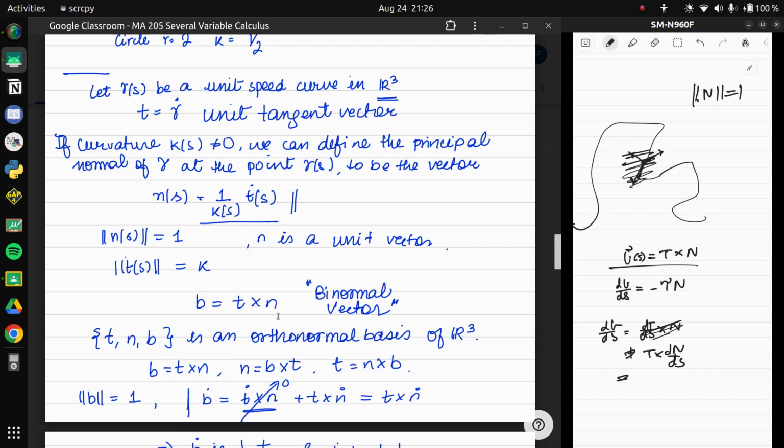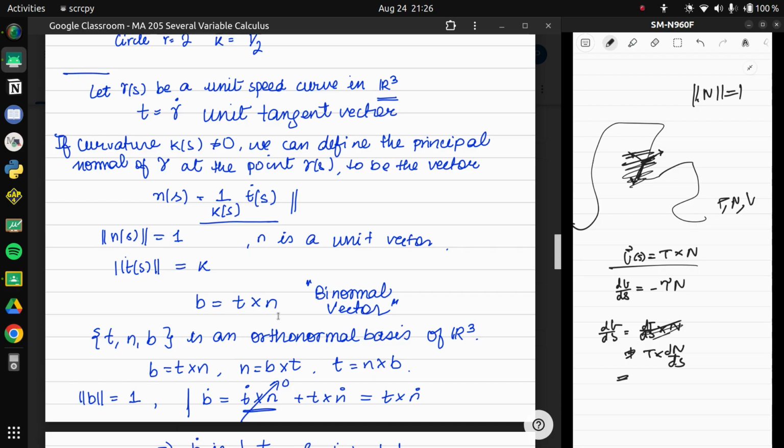Then t cross this stuff, dn by ds. Dn by ds is perpendicular to n, so it's in the plane defined by b and t. Remember, these three vectors, t, n, and b, span all of R3, sorry. T and n span a plane, the current plane of motion, and then b is perpendicular to that plane of motion. So it shouldn't be hard to see what's going on.